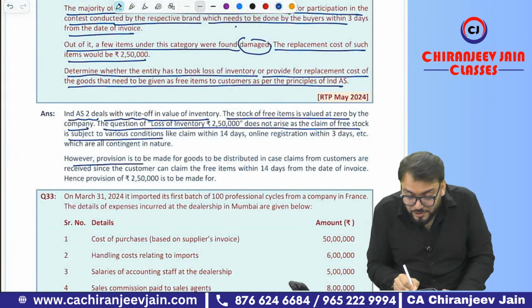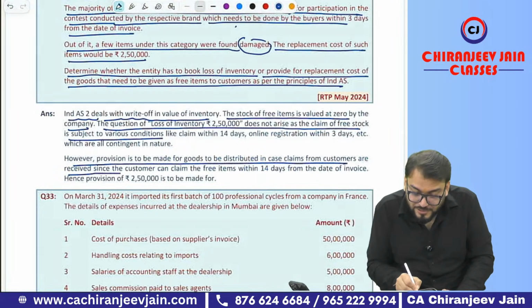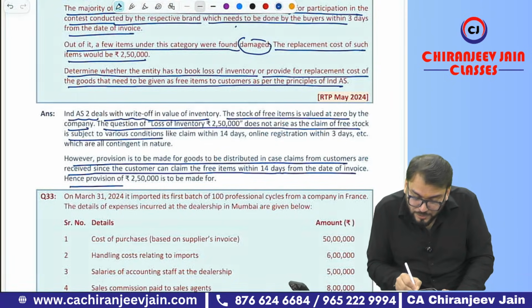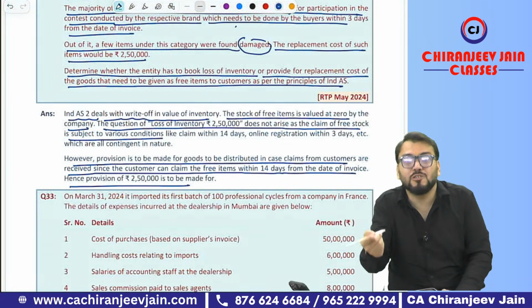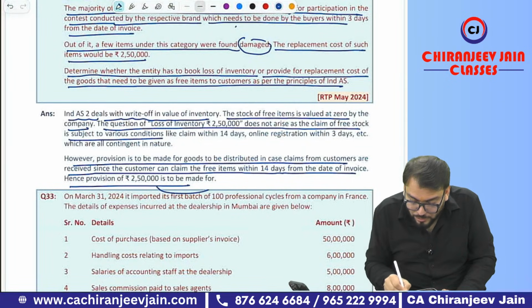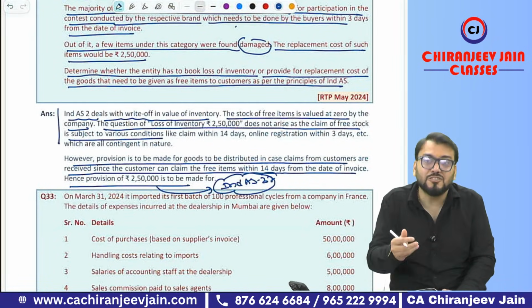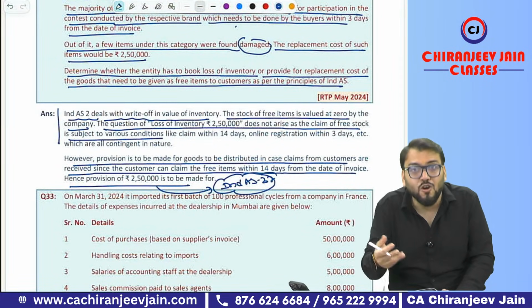However, the provision is to be made for the goods for distribution in case claims from customers are received, since the customer can claim the free item within 14 days from the date of invoice. Hence, a provision of 2,50,000 is required. So if the claim has already been received, a provision is required as per Ind AS 37. So you need to create a provision as per the requirement of Ind AS 37, not as per Ind AS 2. Ind AS 2 only deals with the write-off of inventory, and that free item is already written down to zero. Now how much do you write down? You can't write down below zero, na?